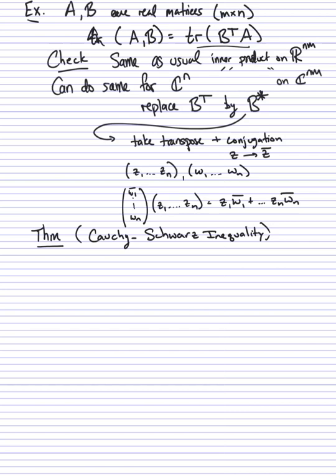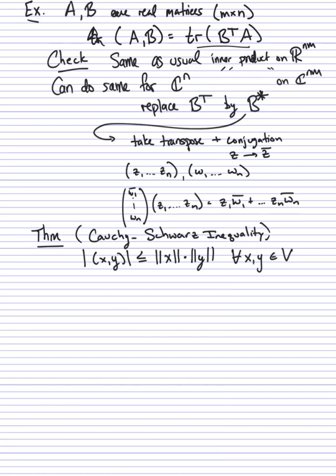What this says is that if I take the absolute value of the inner product, it's less than or equal to the norm of one vector times the norm of the other vector, for all x, y in the vector space.